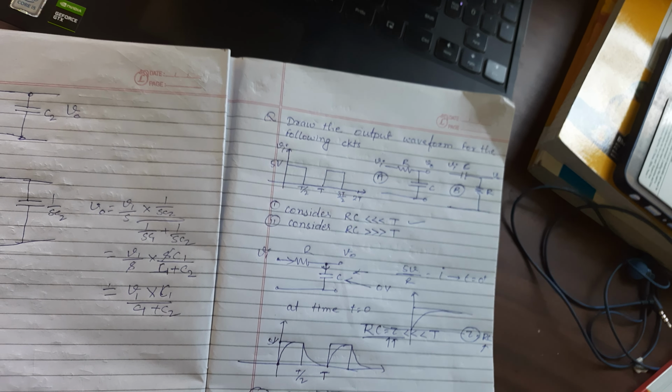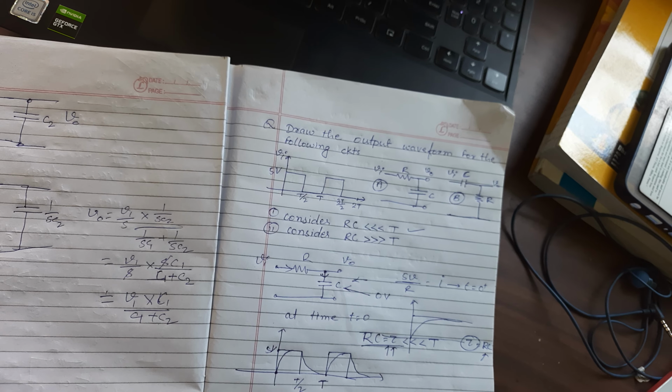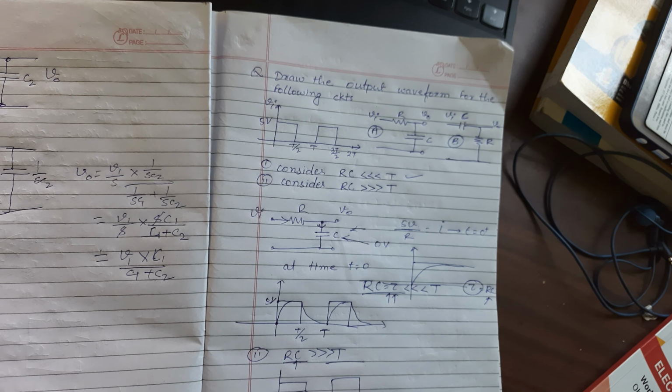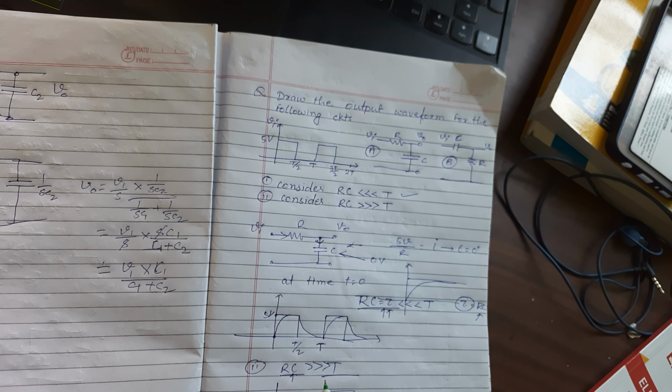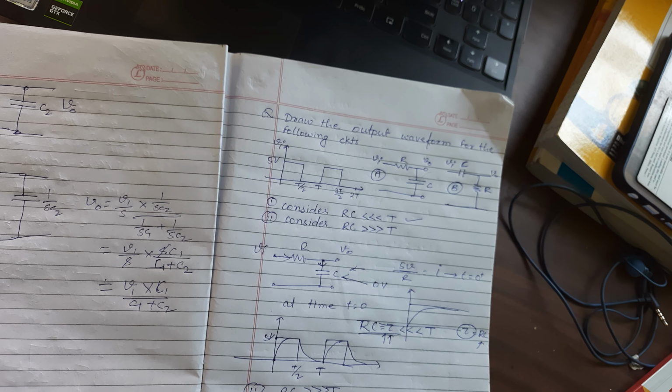So now the capacitor will start discharging. The capacitor will discharge to some value which is not equal to 0, since RC is very much greater than T by 2, so it will not get fully discharged.